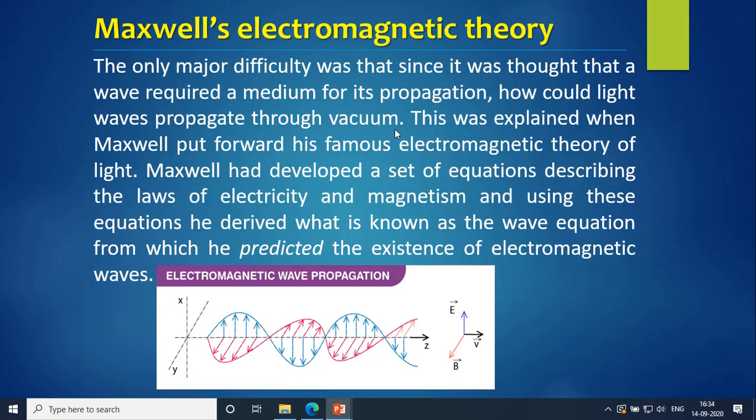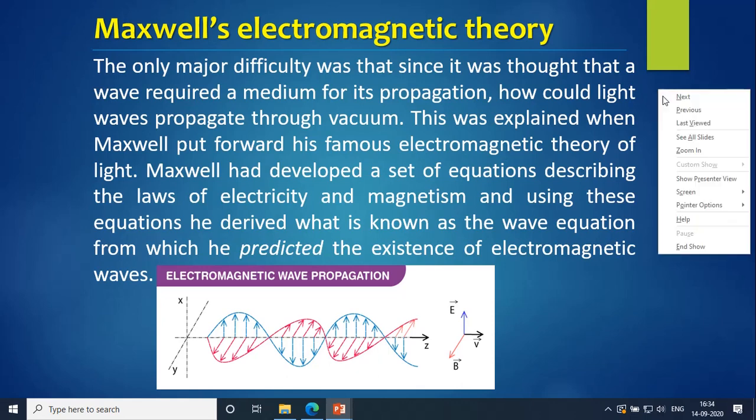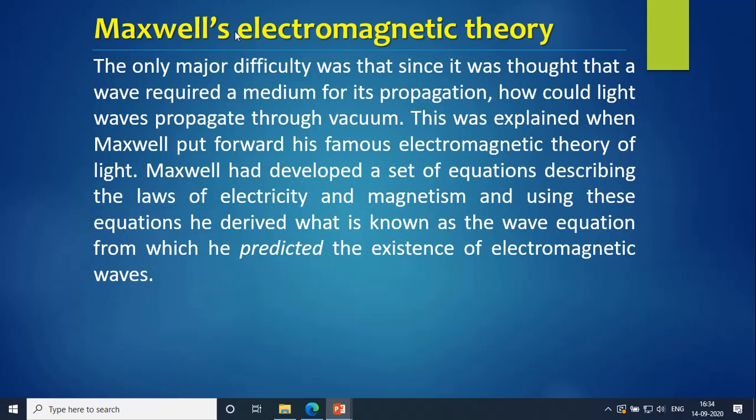Now coming to the last one, which is Maxwell's electromagnetic theory. The problem of wave theory was that they predicted that light is traveling in the form of wave and it requires an intervening medium.